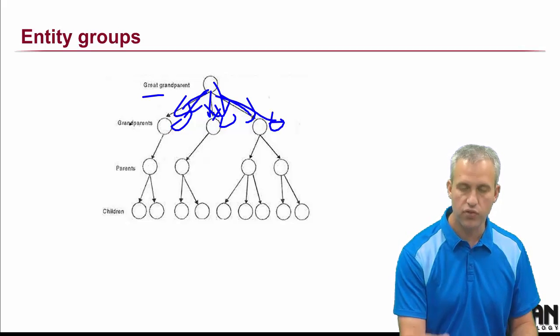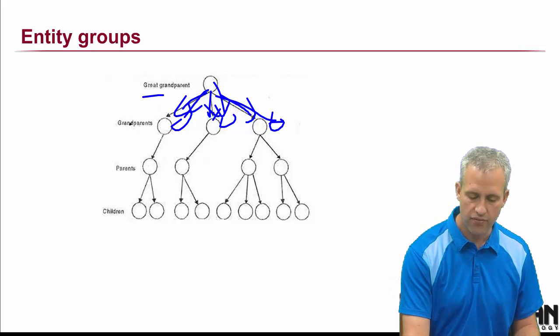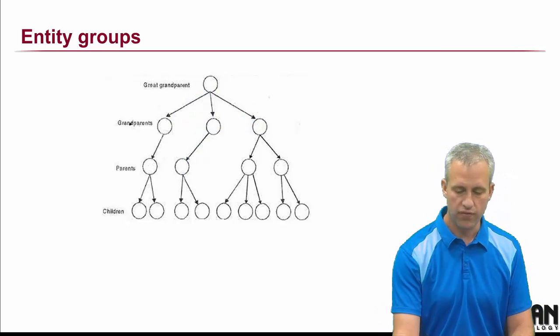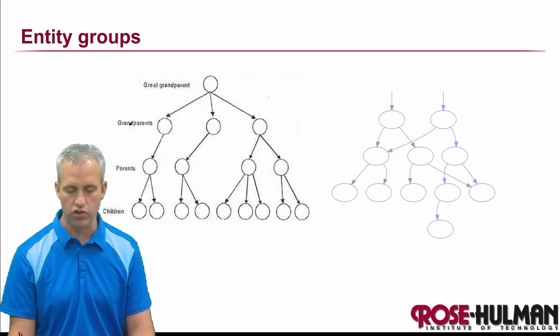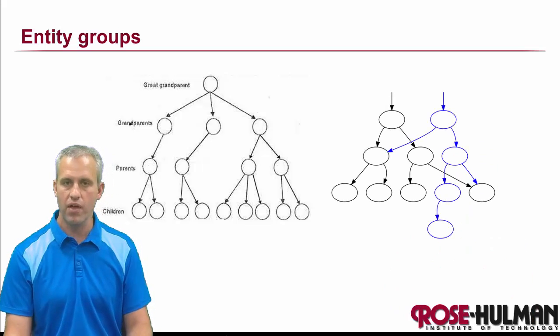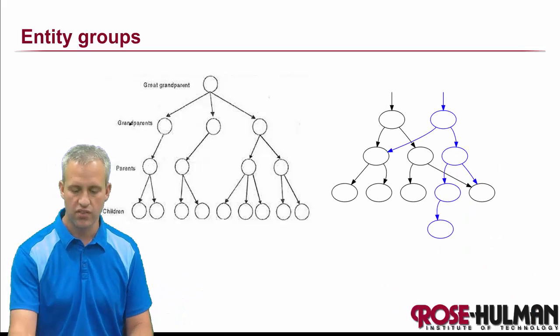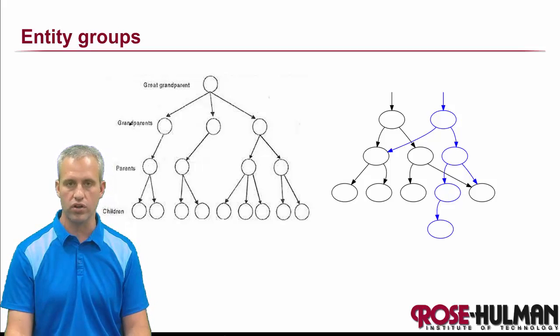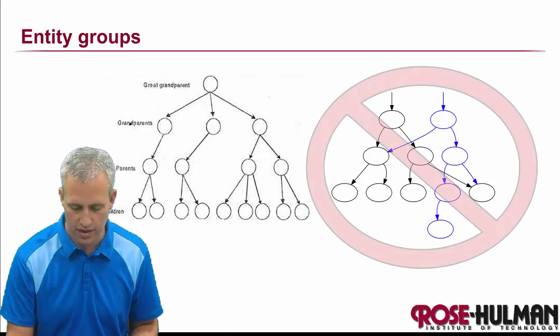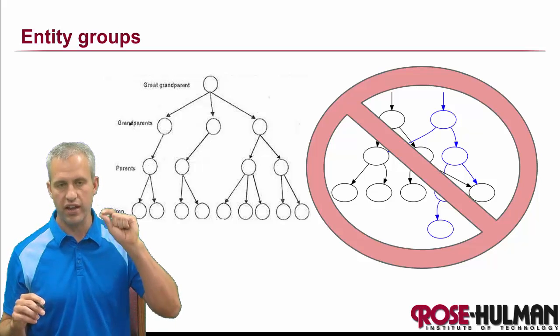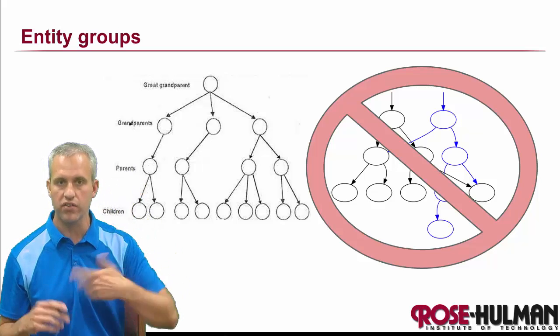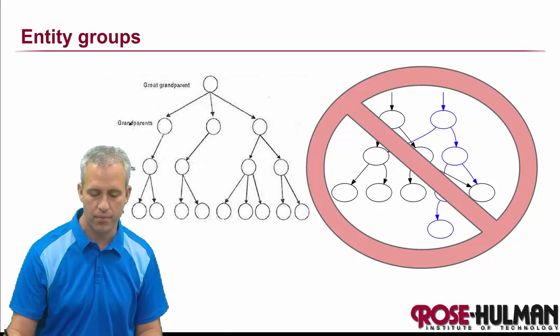But note that if you look backwards, every key has only one parent. So if somebody was to draw a chart that looked like this, this is nonsense, right? This is very much not how keys work. So don't try to do something like that. So each key has exactly one parent, and that's the structure of the app.